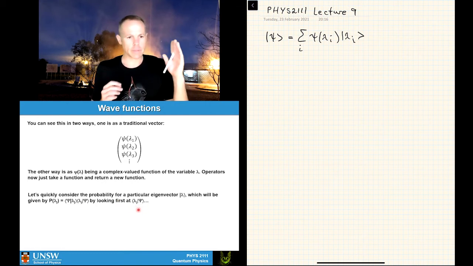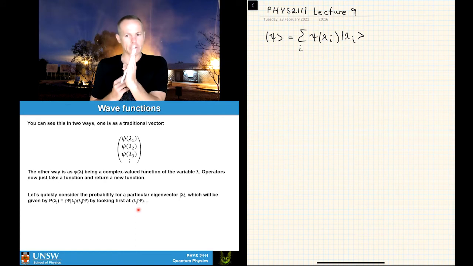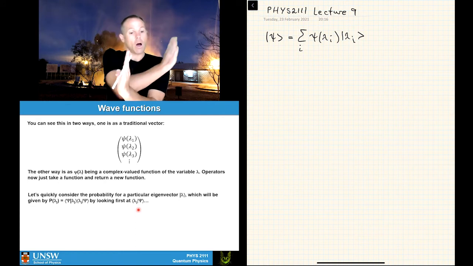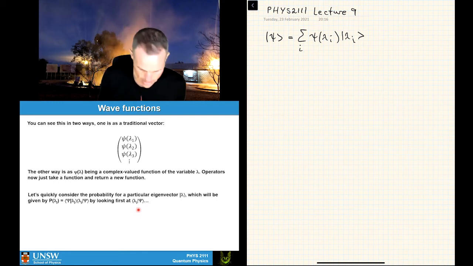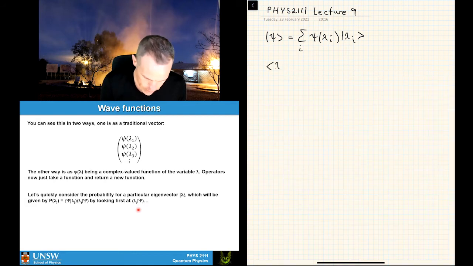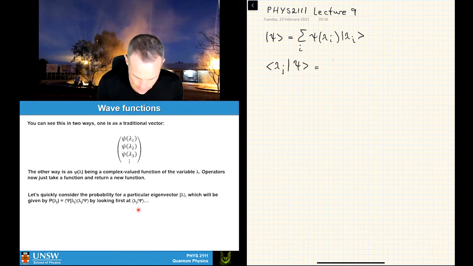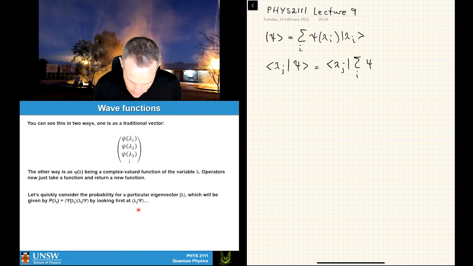And I'm going to be interested in a particular lambda j that's different from lambda I, because I'm using lambda I as my summing index across the whole of this axis. So let's work our way through here. We've got the inner product of lambda j and psi is just going to be lambda j, sum over I, psi lambda I, like so.